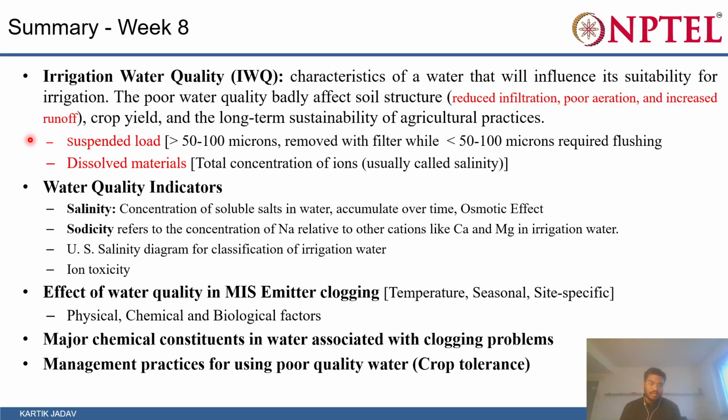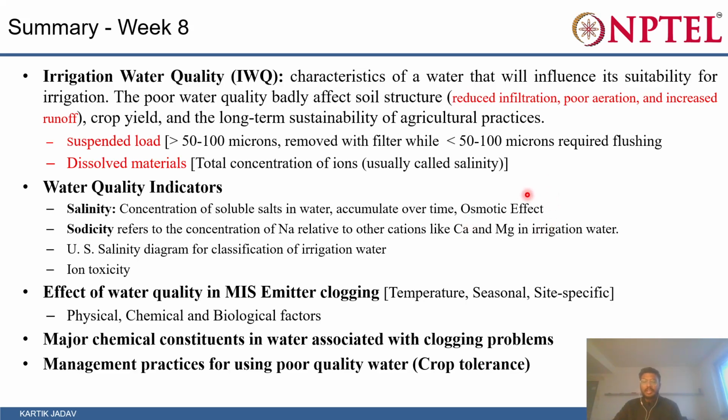There are two general indicators of water quality: first is salinity and second is sodicity. Salinity is the concentration of soluble salts in water, and that generally accumulates over time, and it creates osmotic effects.